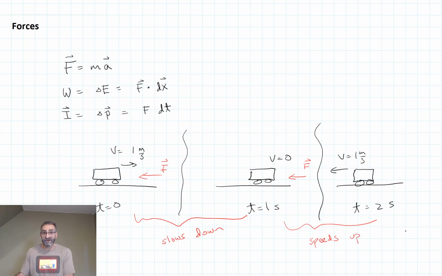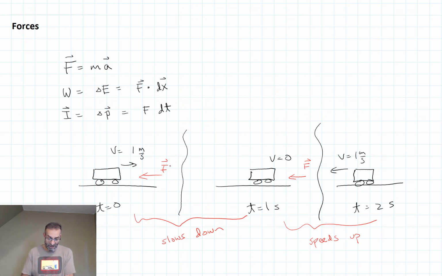So we'd be looking for, I don't know, a rope or some kind of a mechanism for delivering a force to this cart that would cause its motion to change like this. If there was no force acting on that cart, it would keep moving with the same speed in the same direction forever. It would never change.